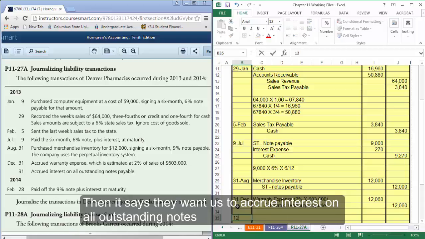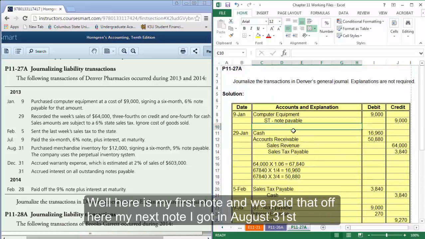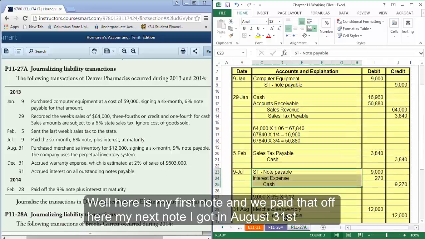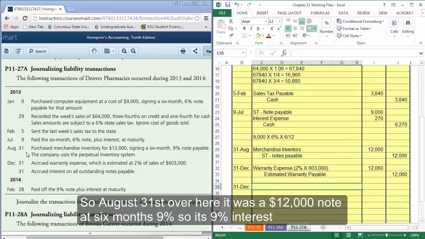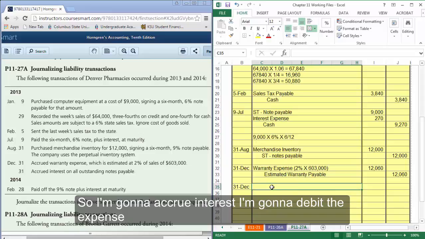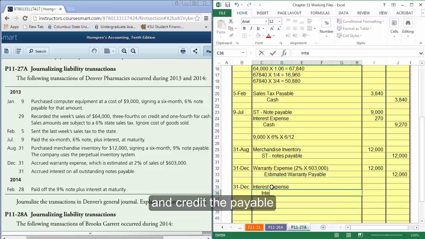Then it says they want us to accrue interest on all outstanding notes. Well, here was my first note, and we paid that off here. My next note I got in August 31st. So August 31st over here, it was a $12,000 note at 6 months, 9%. So it's 9% interest. So I'm going to accrue interest, and when I accrue interest, I'm going to debit the expense and credit the payable.